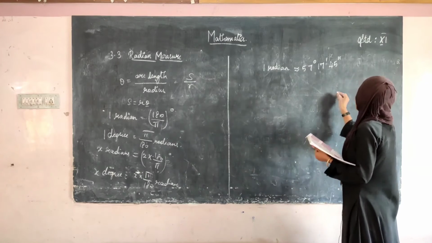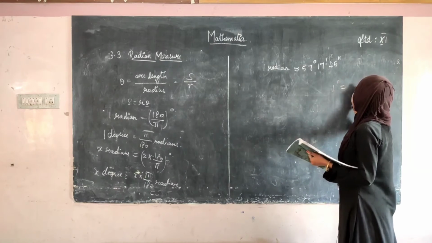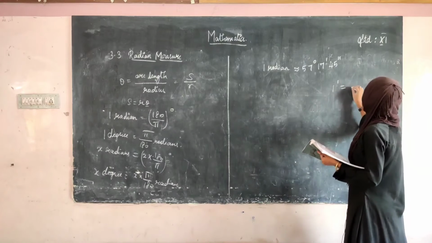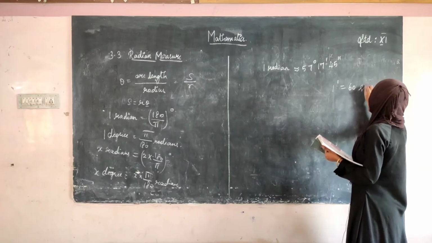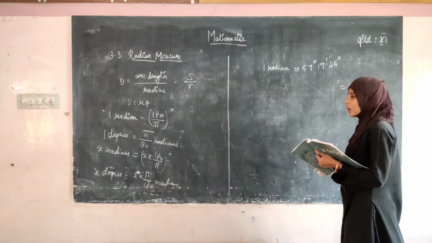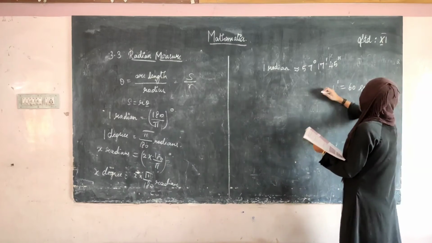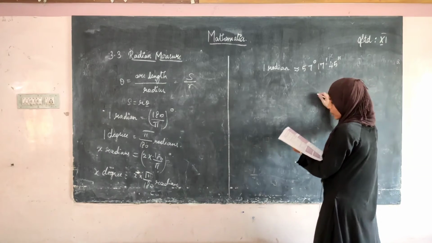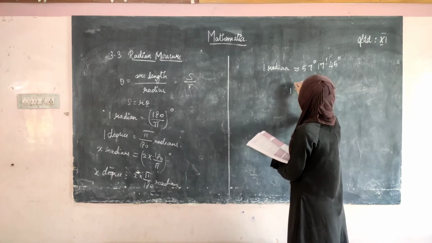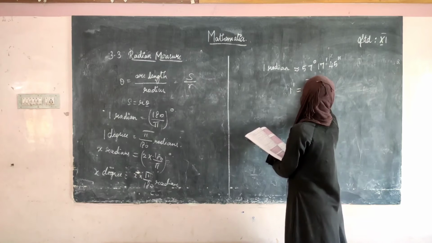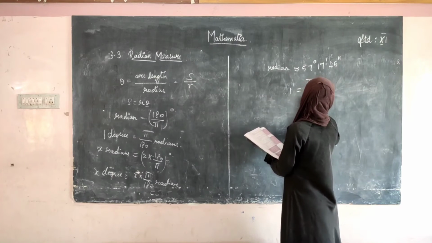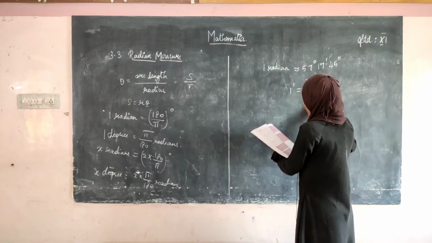Okay, 1 minute is equal to 60 seconds. Therefore 1 minute is equal to pi divided by 180 into 60 radians.